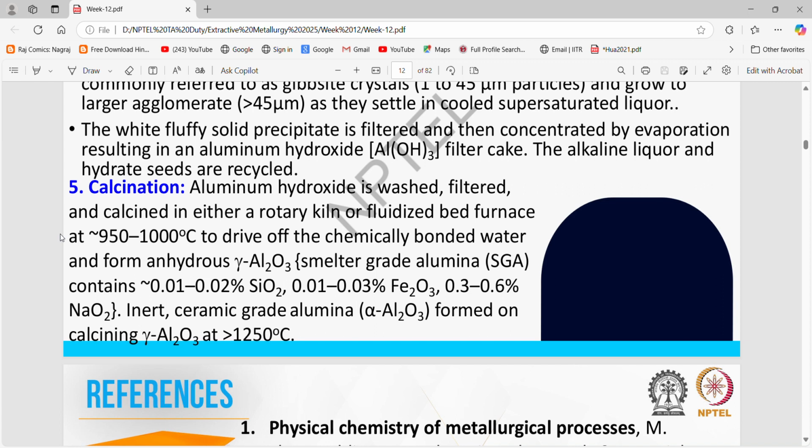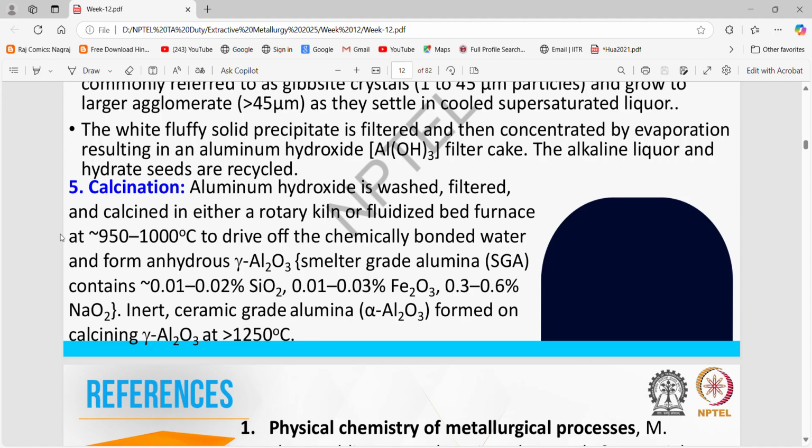So there are two different processes for calcination. One is at around 950 to 1000 degrees Celsius to create gamma Al2O3, which is known as smelter grade alumina, which can be subjected to the Hall-Heroult process for the recovery of aluminium metal.